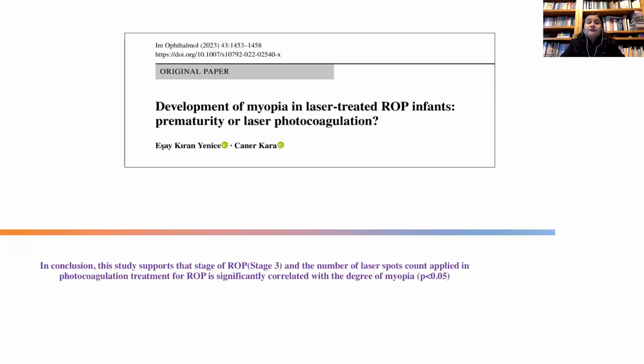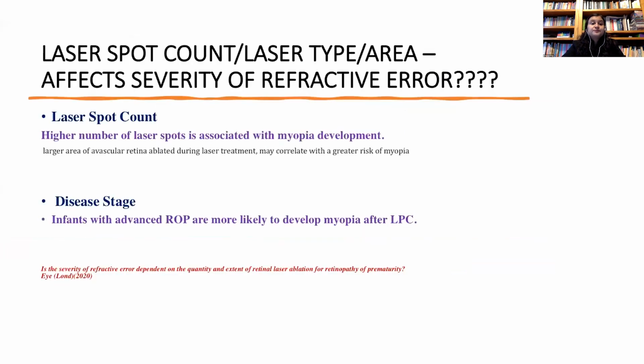So is the development of myopia because of prematurity or laser photocoagulation? Yenis et al., in their study, reported in a multivariable linear regression analysis that the stage of ROP, that is stage 3, and the number of laser spots applied in laser photocoagulation were significantly correlated with the degree of myopia.